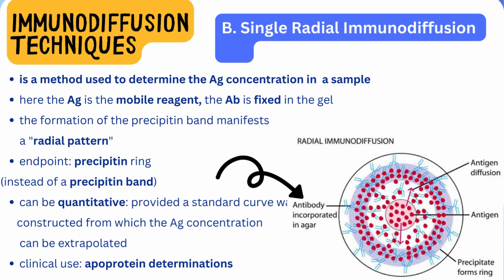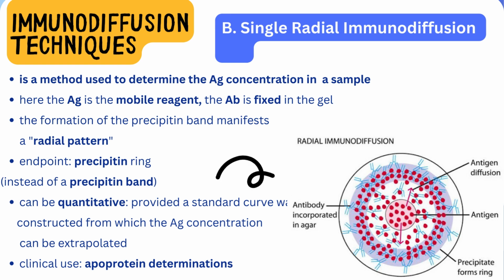So next we have single radial immunodiffusion. This method is RID or single radial diffusion. It is used to determine the concentration of an antigen in a sample. In this method, the antigen is the mobile agent or reagent, while the antibody is fixed in the gel. So always remember that.